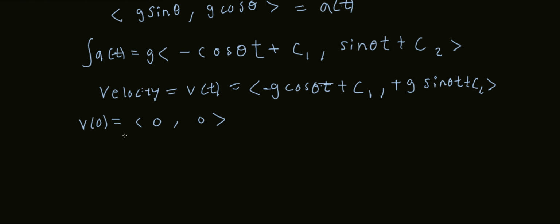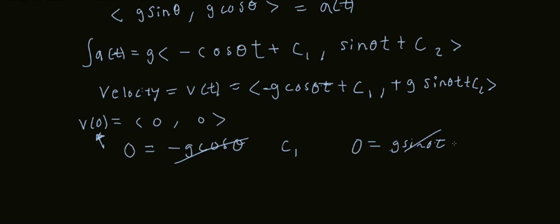Just in case you don't remember, all you have to do is set 0 equal to negative g cosine theta, but in this case, t is 0. So this actually goes away. So c1 is 0. And then we do the same thing for the other one, and the g sine theta t goes away, so we're just left with c2 is 0.